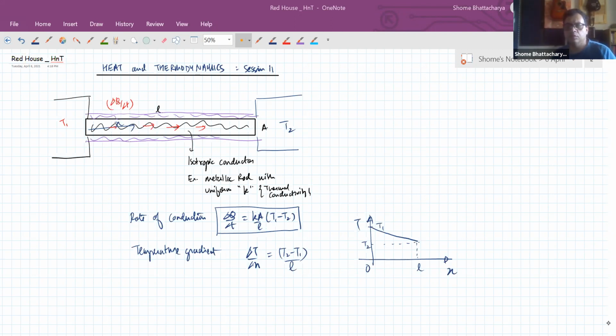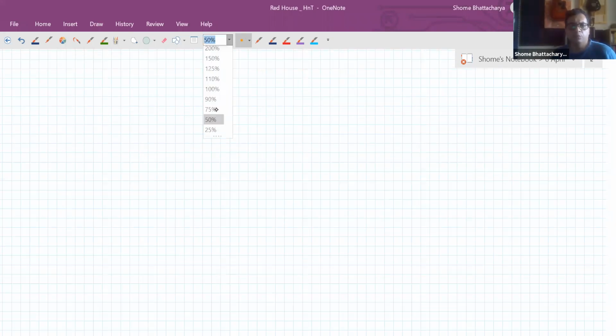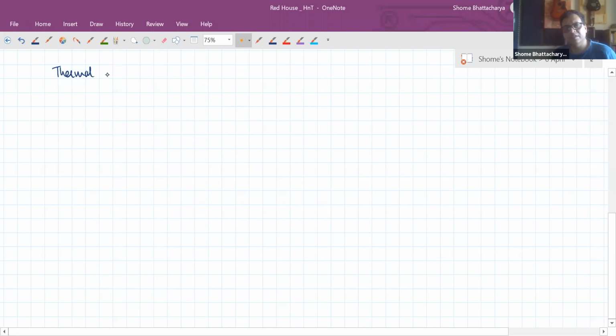Now today we'll begin by an important related concept, the concept of thermal resistance and heat current.